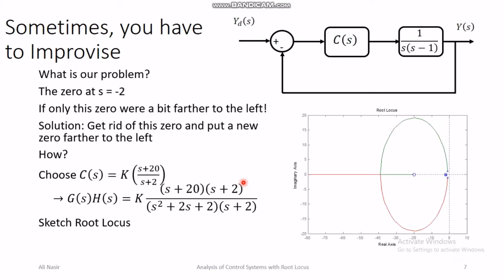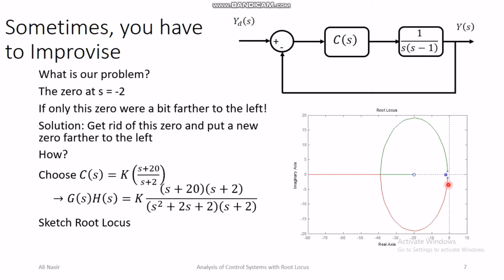And that's the root locus, and you can see that these are the 2 original poles of the system at -1 plus j and -1 minus j, and this is a zero at -2, and it has a pole right on the zero which is cancelling it out. And what is happening is that we put a zero at -20, and that is doing the magic for us.